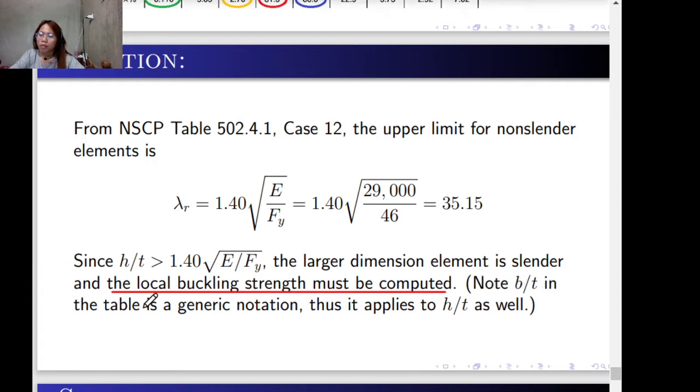Note that B over T in the table is a generic notation, thus it applies to H over T as well, no? So, it belongs to the slender element.